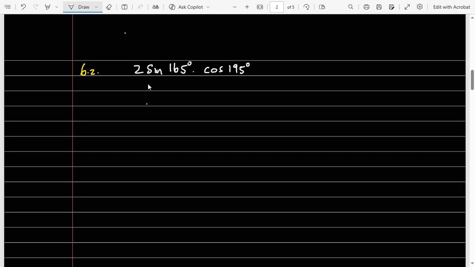So everything here is divided by the cos 45 multiplied by the sine 15, minus the cos 15 times the sine 45.